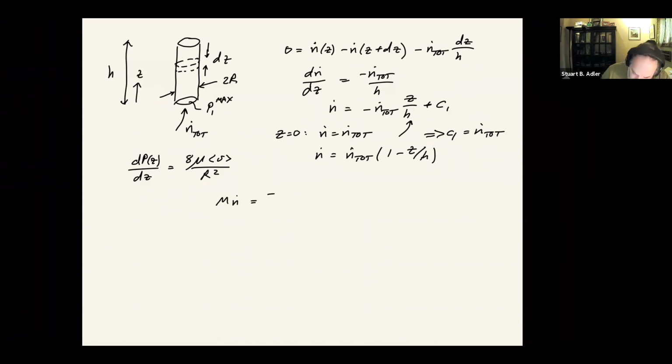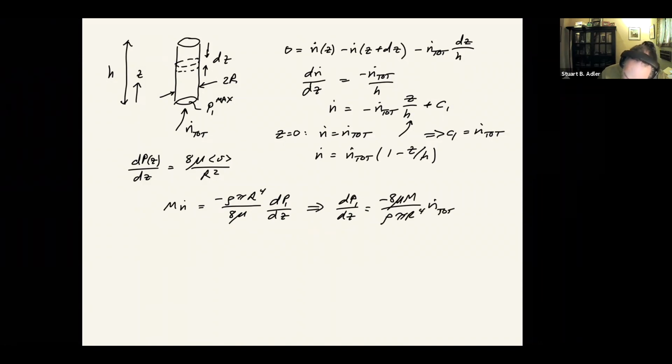This would end up being minus rho pi r squared for the area times r squared, which is in the denominator because it's an r to the fourth, divided by 8 mu times dP1/dz. So putting that together, dP1/dz is minus 8 mu times the molecular weight over rho pi r to the fourth times ṅ_tot times 1 minus z over h.